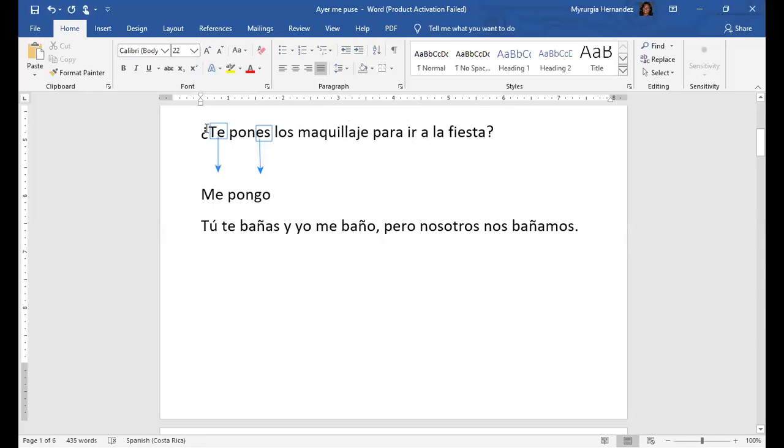So if we're answering for ourselves, we can take out the los. Maquillaje is a noun. You only conjugate the verb. You can't conjugate nouns. So me pongo maquillaje para ir a la fiesta. Muy bien.